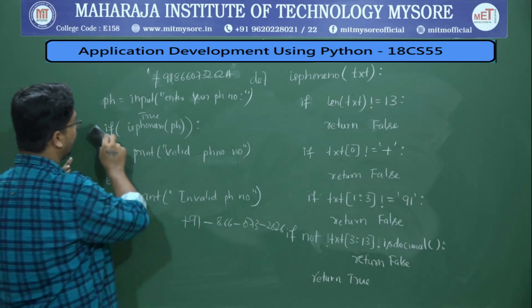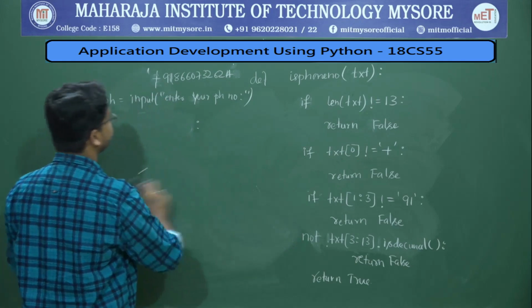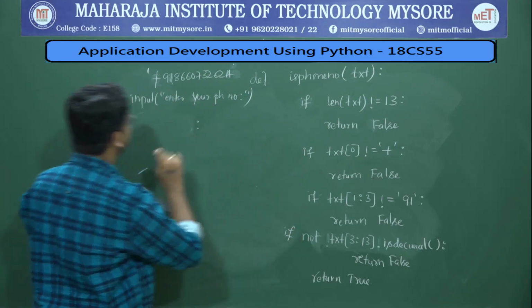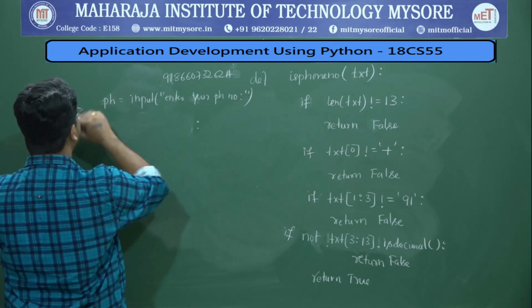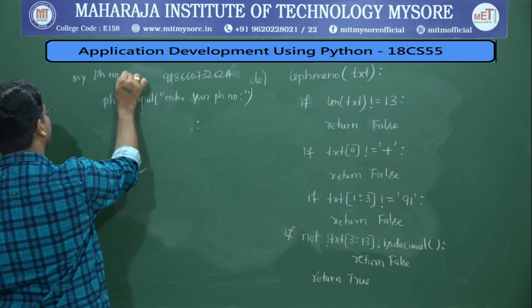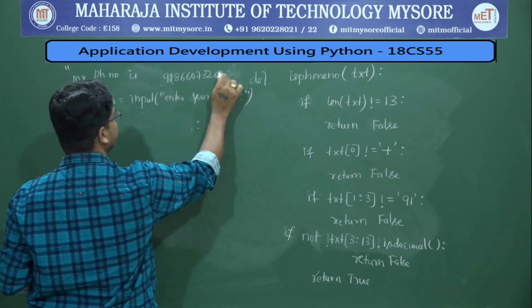Assume that you have not entered the phone number directly. Let us say you have entered something like this: my phone number is, and then the number 262626. This is the large text.